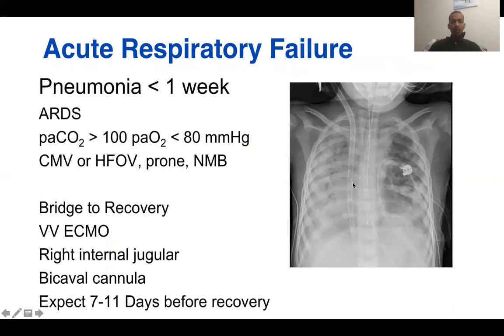So here you see that as this cannula goes down the SVC, there are some ports in the SVC, and then it passes through all the way into the IVC. So there are some ports that suck blood both from the IVC as well as the SVC. Okay, that's bad deoxygenated blood that's being sucked into one of the ports of the cannula.